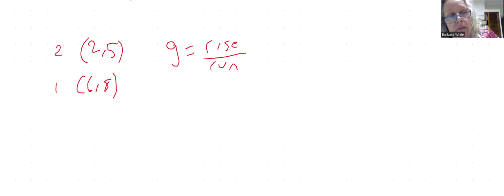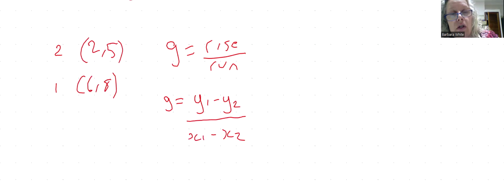Gradient equals y1 take y2, or maybe it's y2 take y1. It doesn't matter. We're finding the difference. Over x1 take x2. What does matter, though, is that the x and the y must come from the same coordinate point.